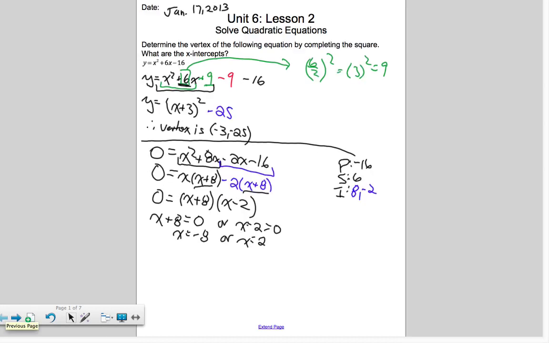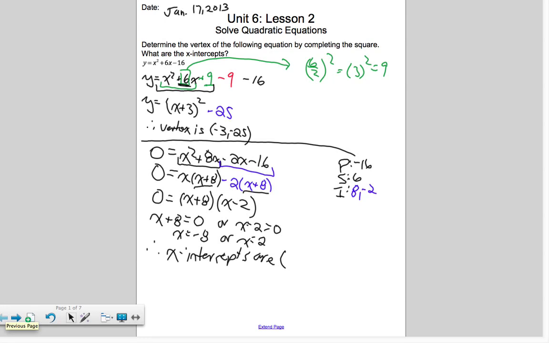So therefore my x-intercepts are what? X-intercepts are coordinates, right? So what are my two x-intercepts then? No, it's negative 8.